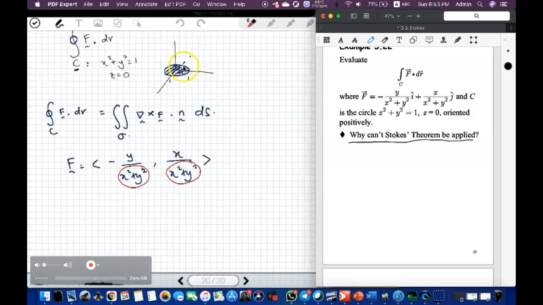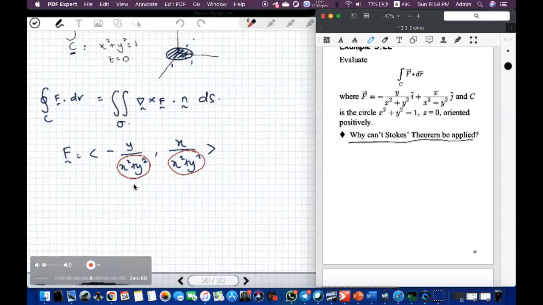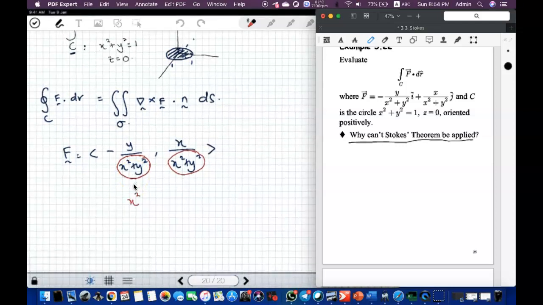You will see that the components x and y of the vector function can be defined, a value exists for any x and y, except where? Except at the point where x squared plus y squared equal to 0.